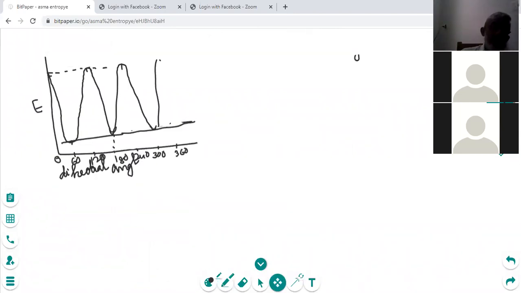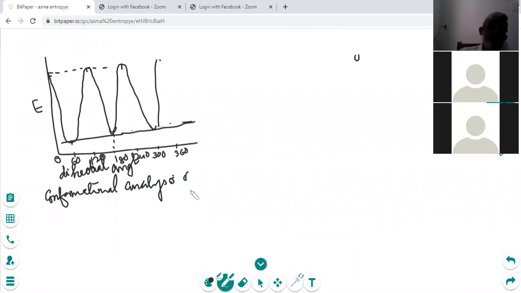This plot is known as conformational analysis of the ethane molecule. You have two conformations, staggered and eclipsed, which have minimum and maximum energy.